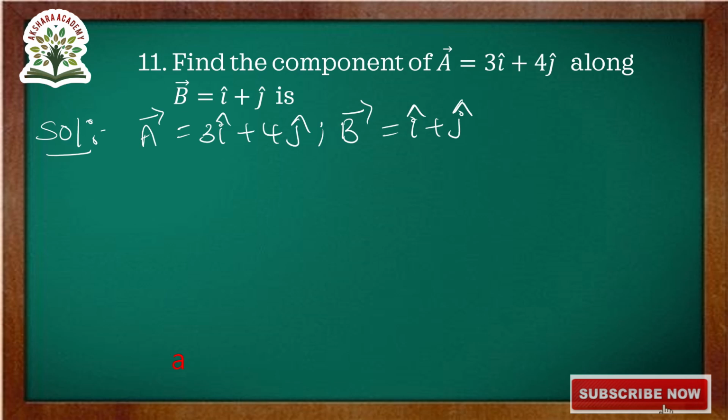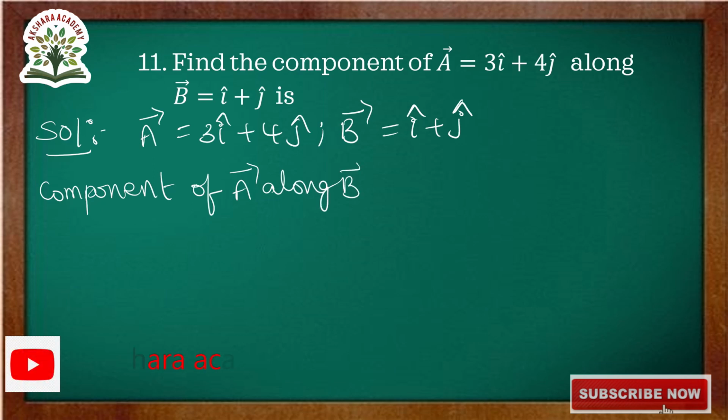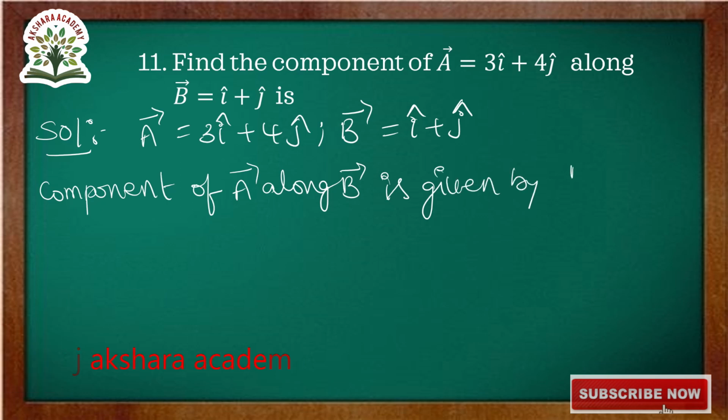Now here in this question you have to find the component of A along B bar, which is given by A bar dot B bar by modulus of B bar.